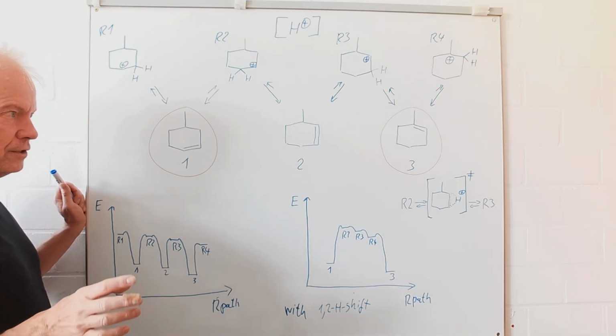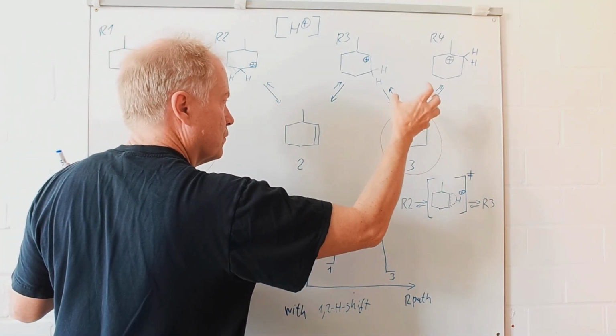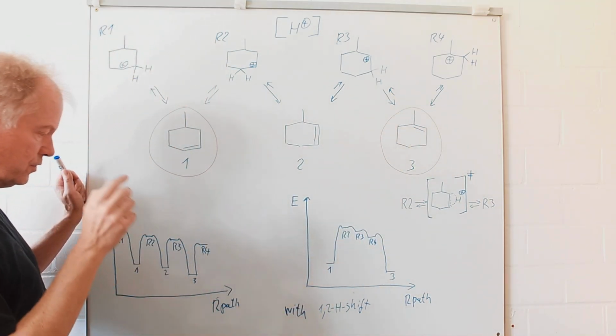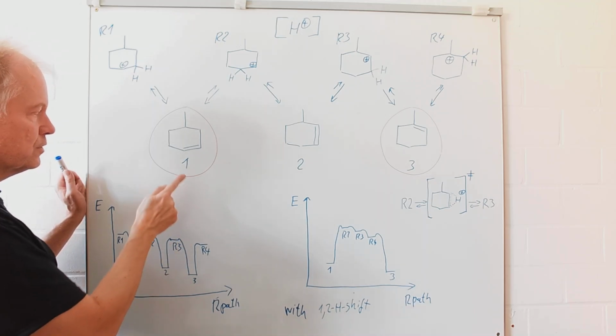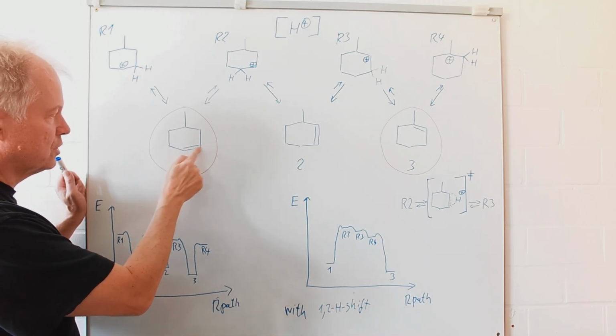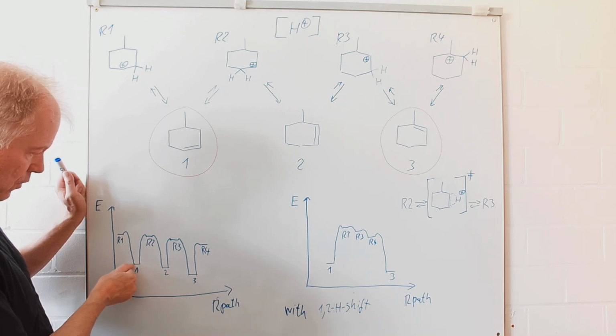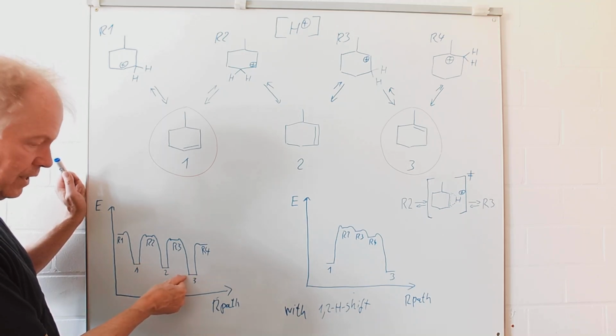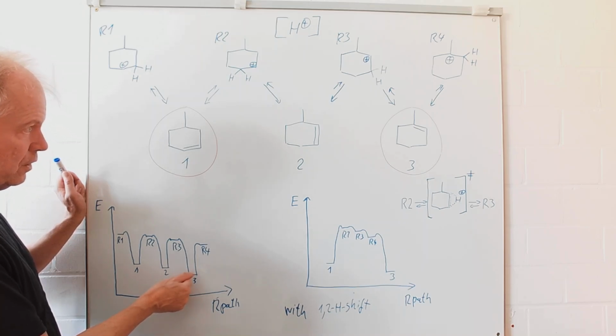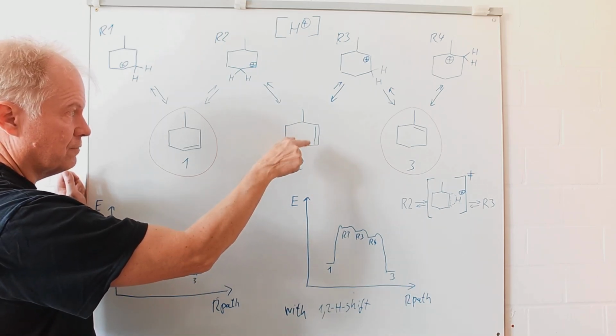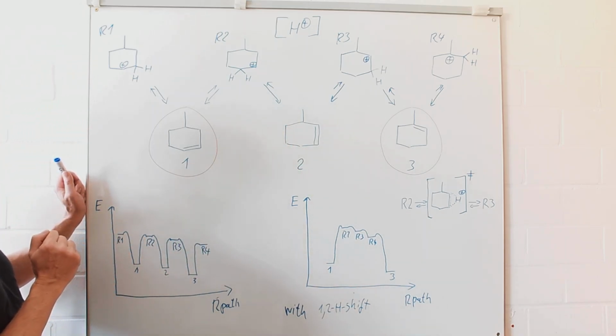As I said initially, this one, the 3 times substituted, is energetically favored compared to the 2 times substituted. So the energy level of 1 should be clearly above the energy level of 3. What about the energy level of structure 2?